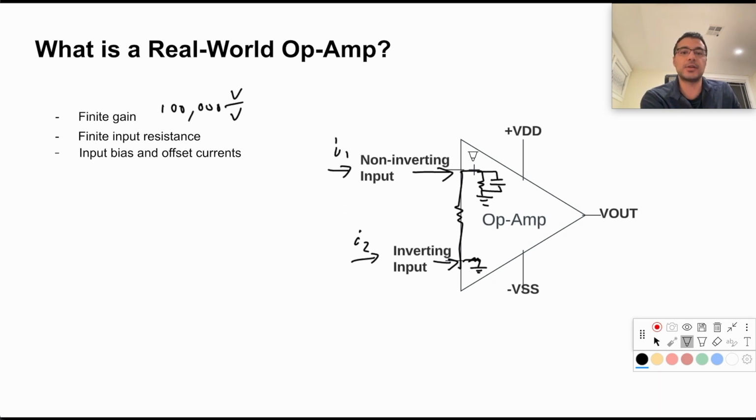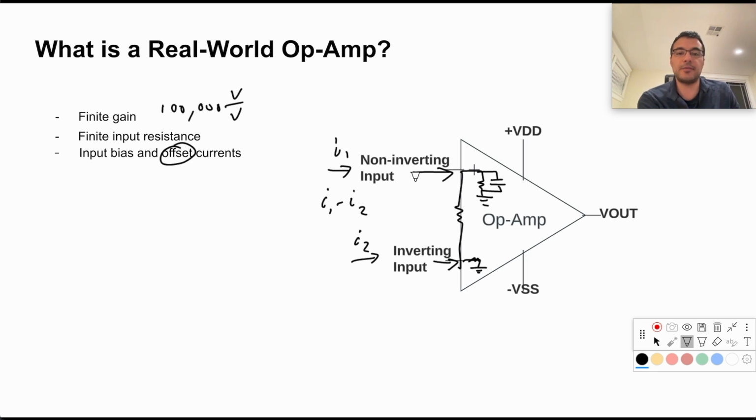Without these currents flowing into the inputs, the op-amp will not work properly. But in the majority of cases, these two currents are different from one another. The difference, I1 minus I2, is known as the input offset current. It's the difference in between the two.